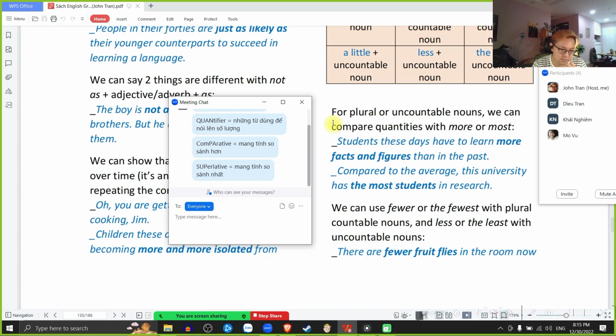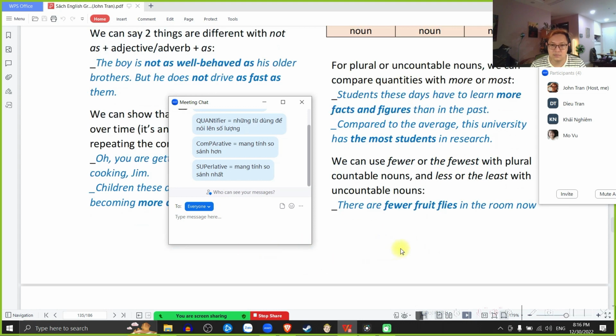Compared to the average, this university has the most students in research. We can use fewer or the fewest with plural countable nouns, and less or the least with uncountable nouns.